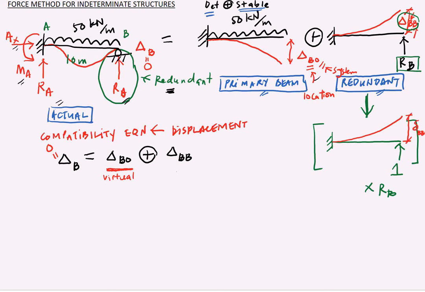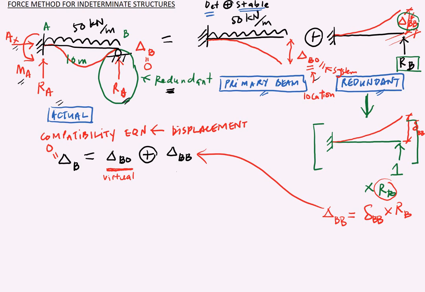So this delta BB here, big delta, which is from the original problem, will then be equal to small delta BB multiplied by the reaction at B that you have applied, RB. And then if you plug it back into the original equation, you get 0 equals delta B0 plus small delta BB multiplied by RB.